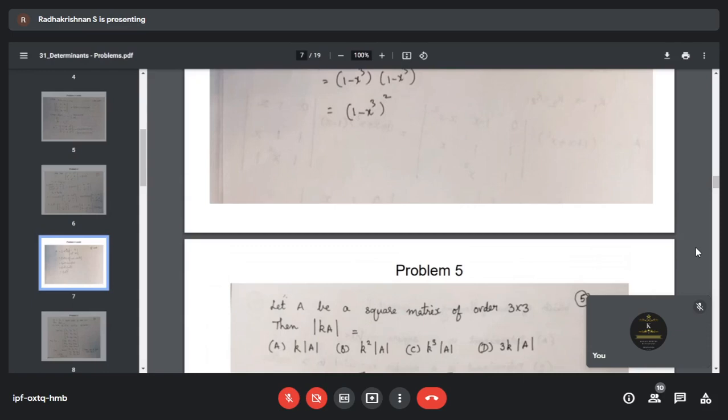So let A be a square matrix of order 3 by 3. Then the determinant of kA will be equal to what? Option A, k into determinant of A, or option B, k square into determinant of A, or option C. Sir, option C. Okay.